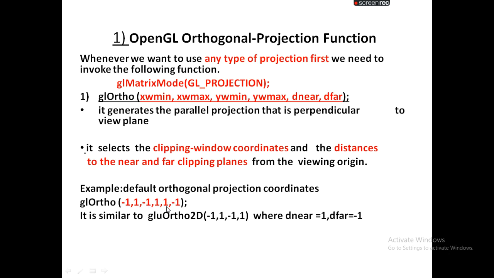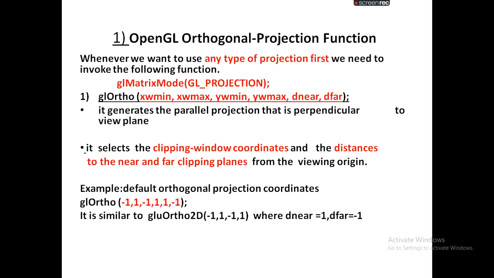But with respect to the z axis, I wrote z min as 1 and z max as -1. That means we are viewing that object from the positive z axis to the negative z axis. Because of this, z near, d near is +1, and d far is -1.